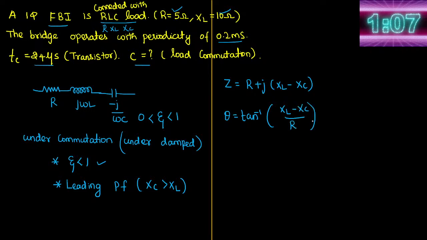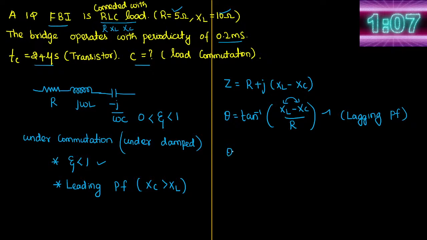This condition is true here because we are subtracting XL minus XC, but this formula is true if the value of XL is greater than XC. So we can say this is for lagging power factor, because the subtraction is happening between XL minus XC.